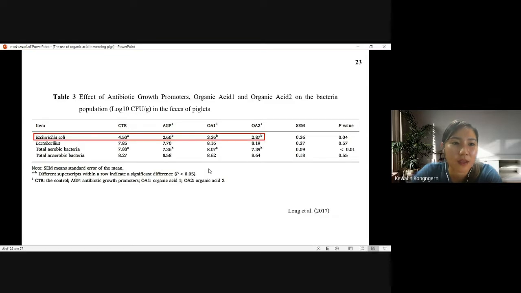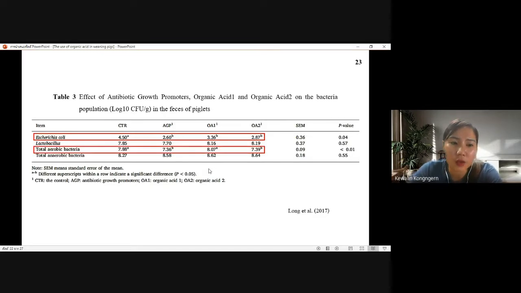This is the table of the effect of antibiotic growth promoter, organic acid 1 and organic acid 2 on the bacteria population in the feces of piglets. The Escherichia coli in the antibiotic growth promoter group is lower than the other groups, but it's not different from organic acid 1 and organic acid 2.